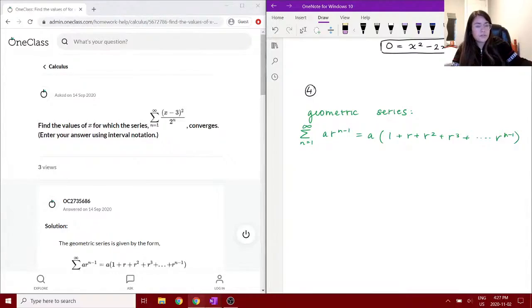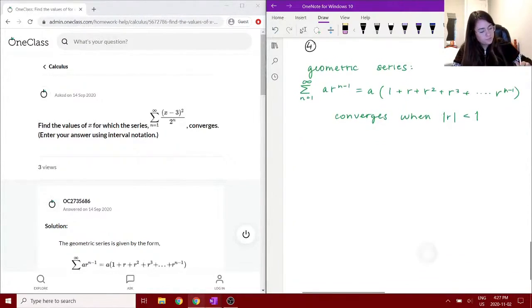And we know that this series, the geometric series, converges when the absolute value of r is less than 1. Okay?